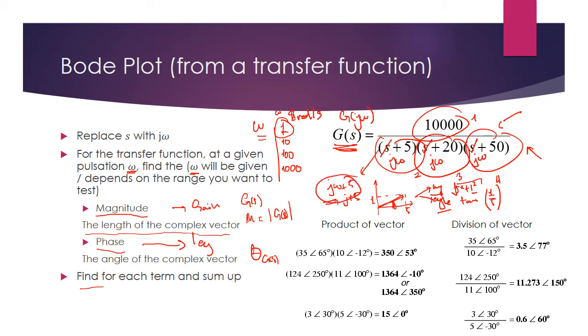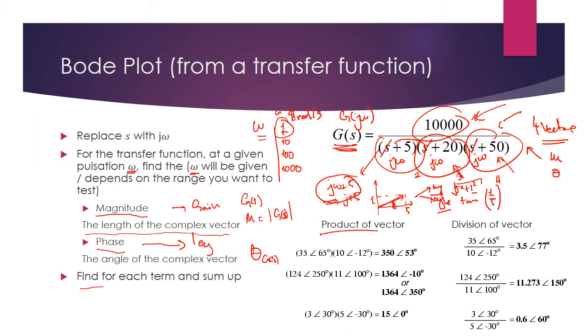And you'll have to do the same thing for j omega plus 20, same thing for j omega plus 50. And at the end, you have basically 4 vectors, and you have to sum up their magnitudes and their angles.